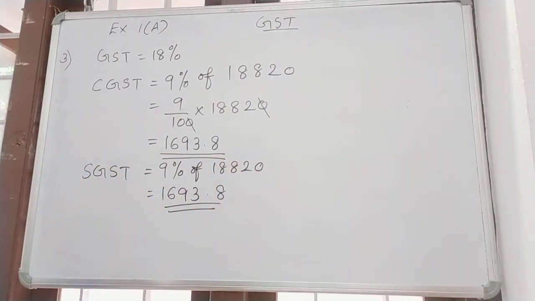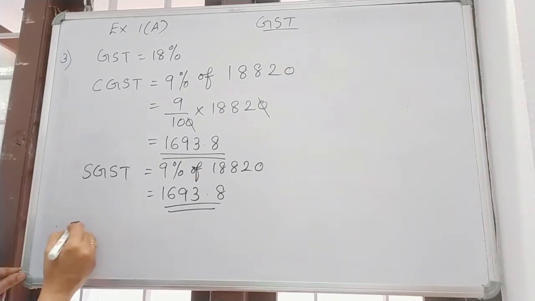So SGST we got, CGST we got. Already we found out the total discounted price. Then total money. That means what we want to find out? Total money including GST we have to find out. So last one.